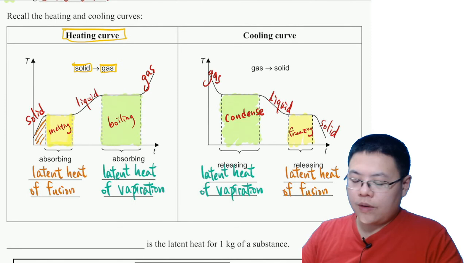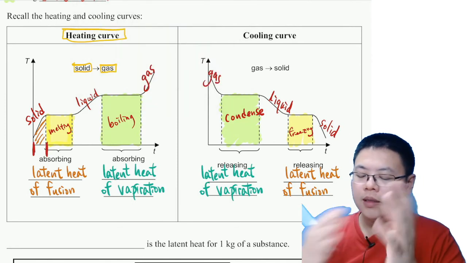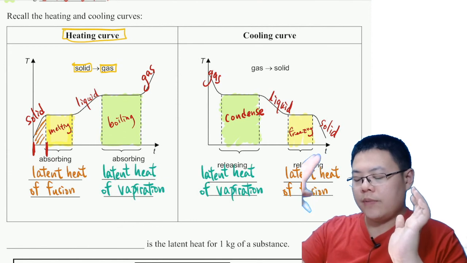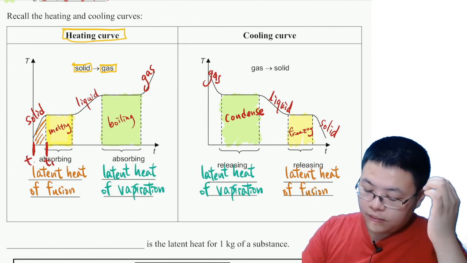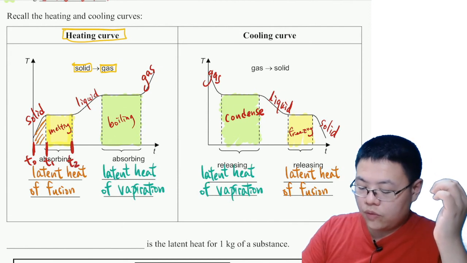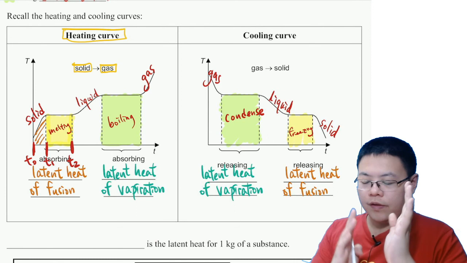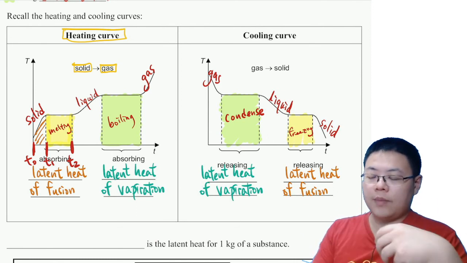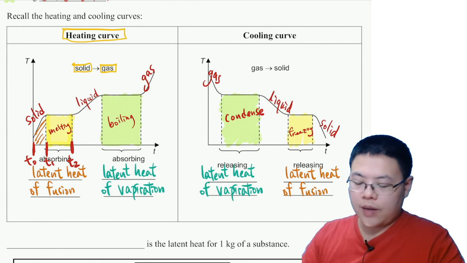For example, from this time to this time, the solid increases in temperature, and from T1 to T2, it is absorbing latent heat of fusion to melt. It is a mixture, okay, something like that. You have to be able to describe.